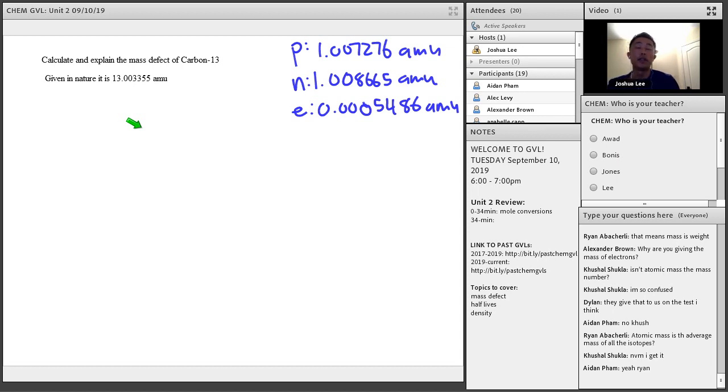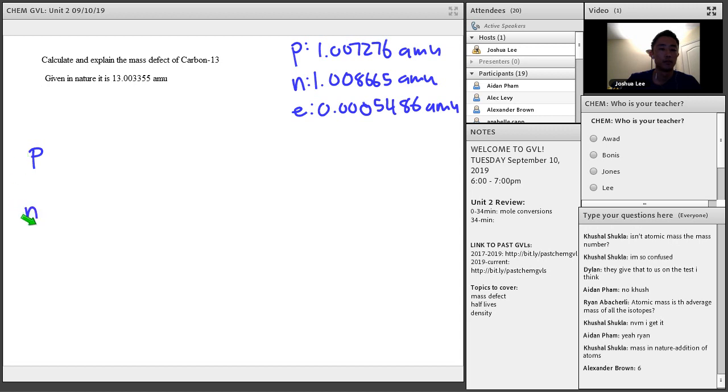So when given a mass defect problem, what you're trying to do is figure out that missing mass. So I'm just pulling these numbers, so I hope they work out. So if it's carbon 13, how many protons do we have? Good. We have 6 protons.